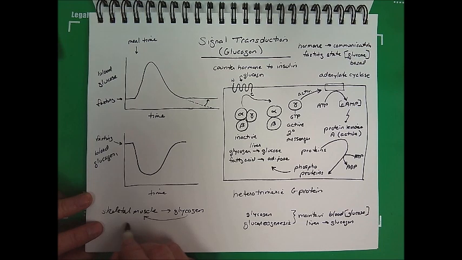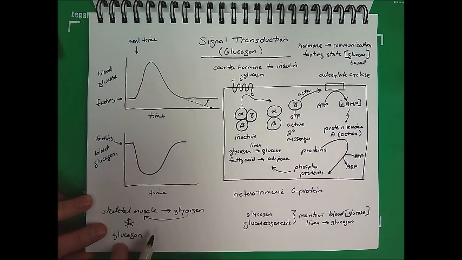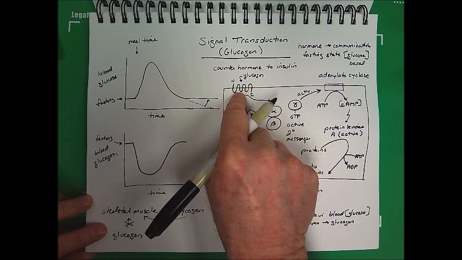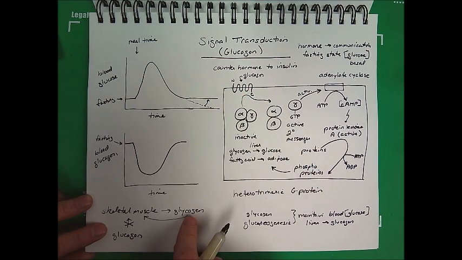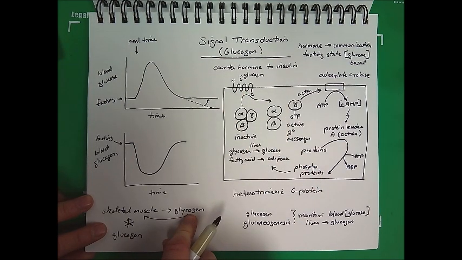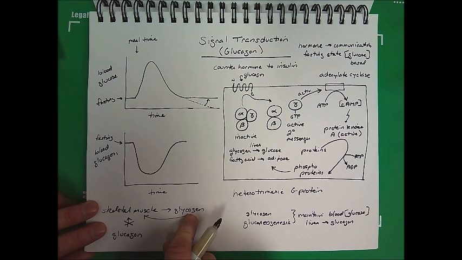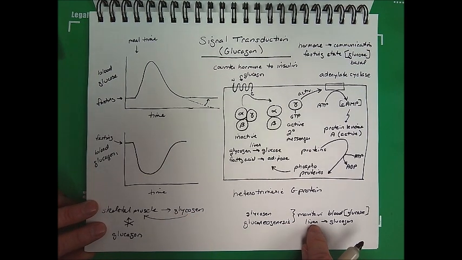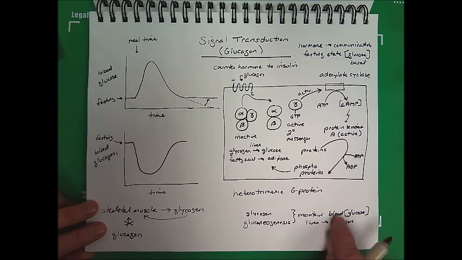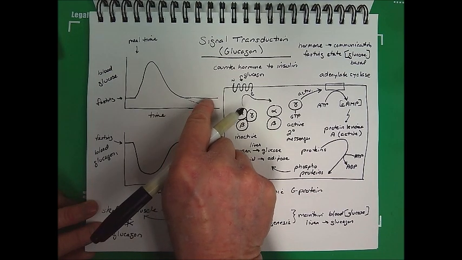And so therefore, skeletal muscles have no response to glucagon, simply because they do not have a glucagon receptor. They are primarily using their glucose as glucose stores for their own energy production, whereas the liver is using its glucose stores to maintain blood glucose levels.